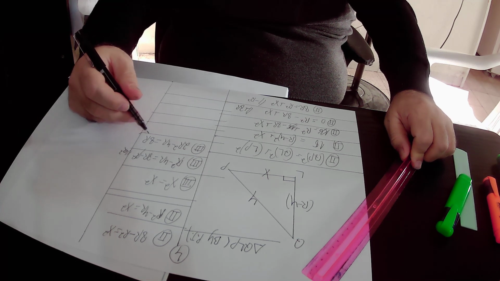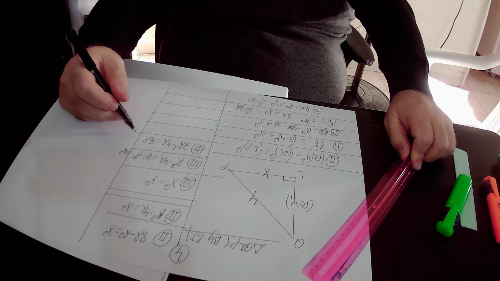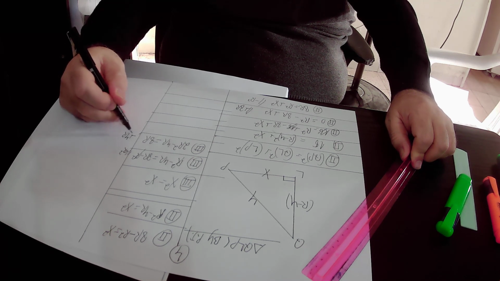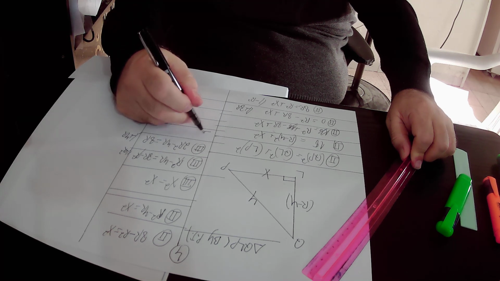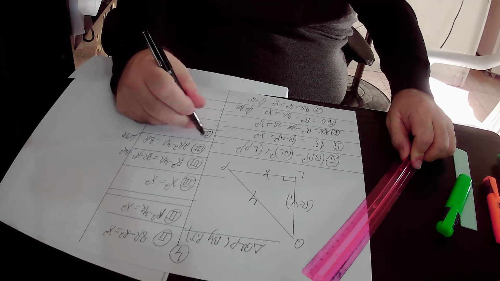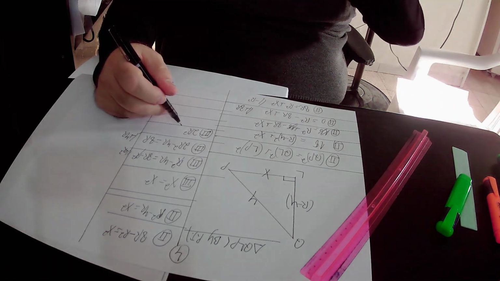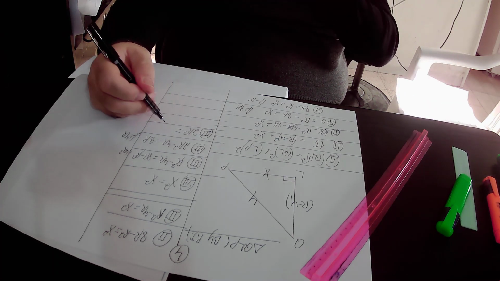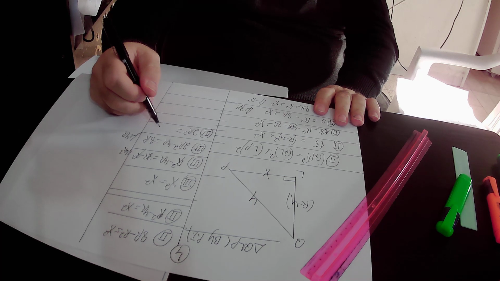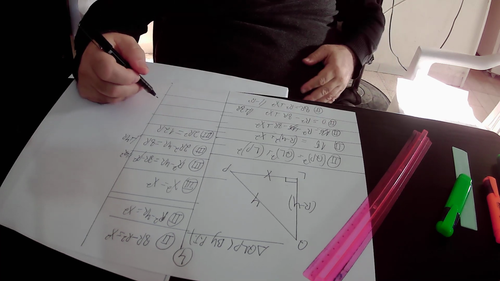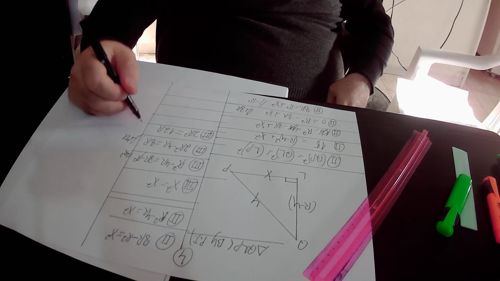According to equation number 3, here we will add 4r to this equation, and we get that according to equation number 3, 2r squared, 4r minus 4r is 0, and 8r plus 4r equals to 12r. So according to equation number 3, we found out that 2r squared equals to 12r.